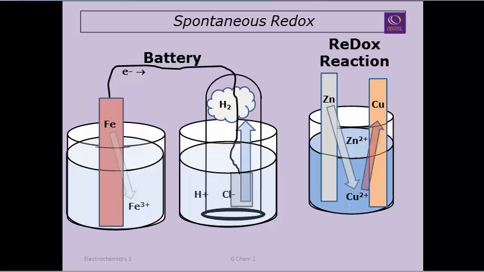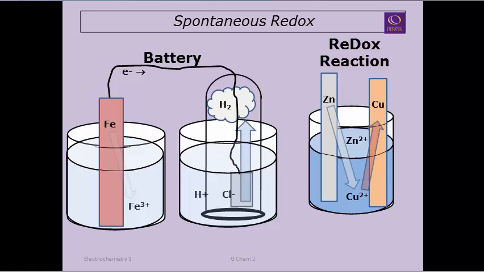And this is not then utilized as a battery, but you could still have the same sort of chemistry going on. And my point being here is that in either case, you want to focus on the oxidation component and the reduction component.